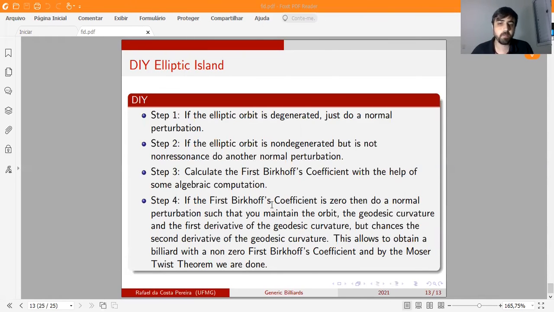So we do a perturbation that preserves the distance between the collisions, the curvature, and the first derivative of the curvature at each point, but changes the second derivative. If it was zero, now it's non-zero, and you can guarantee that you have elliptic islands.